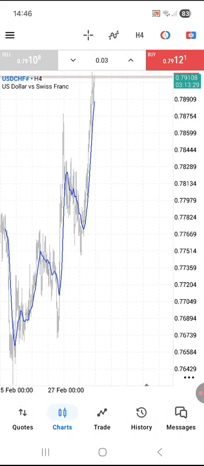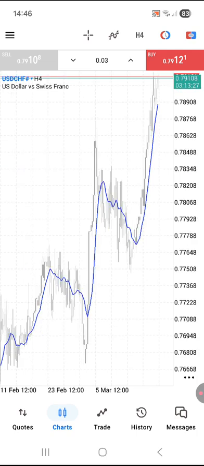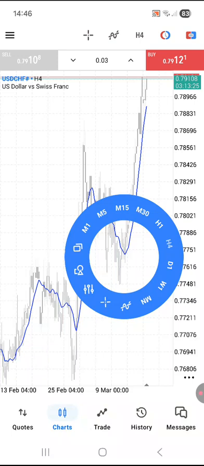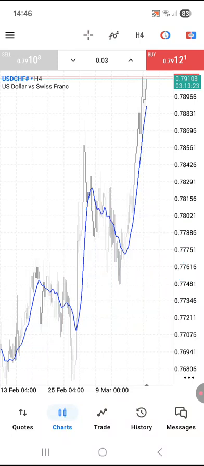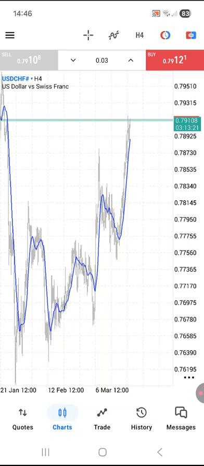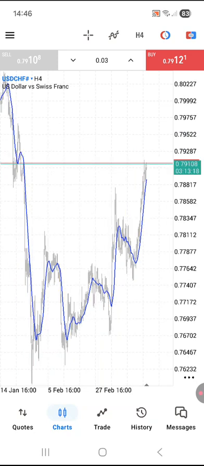Okay, it's about 80%. So it costs 0.7912 Swiss franc in order to buy 1 United States dollar. That's the exchange rate there.